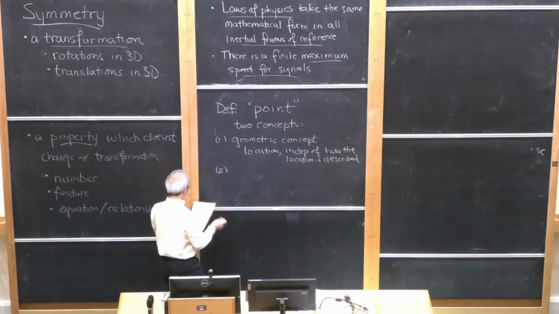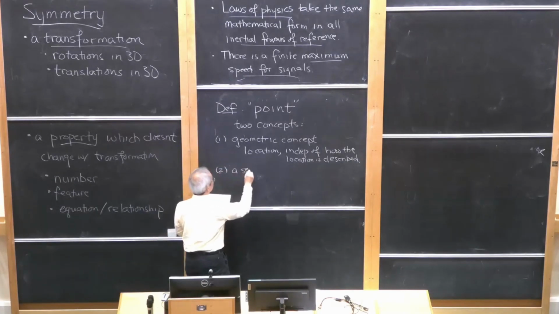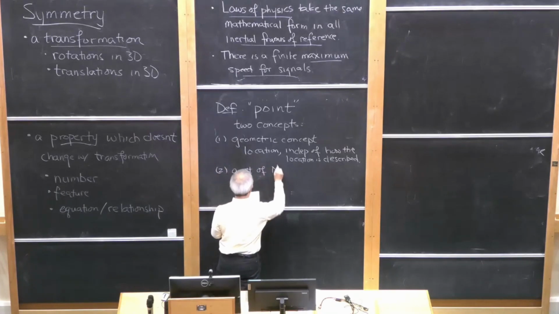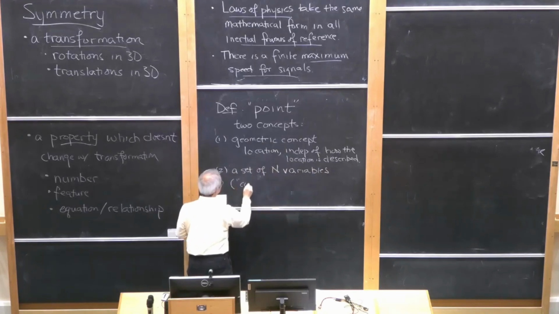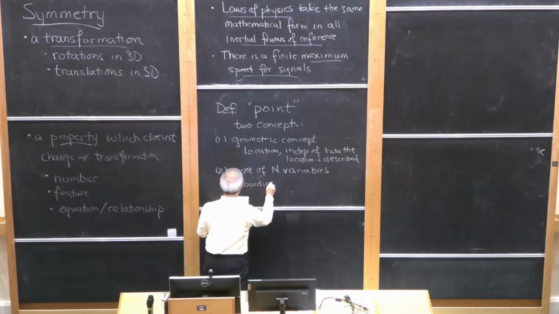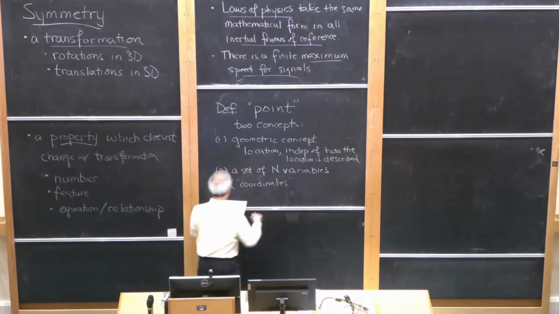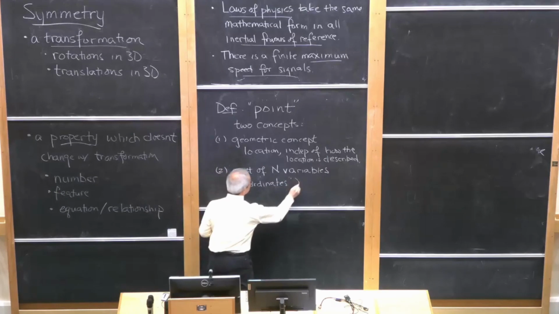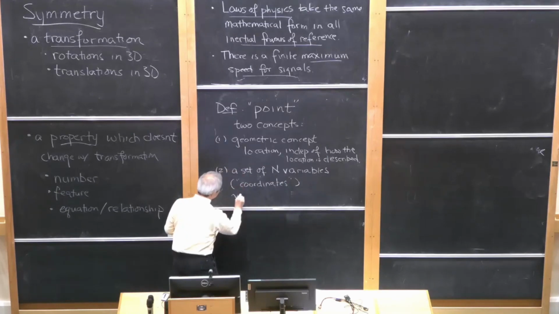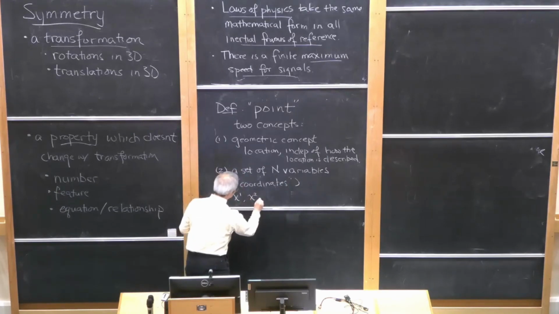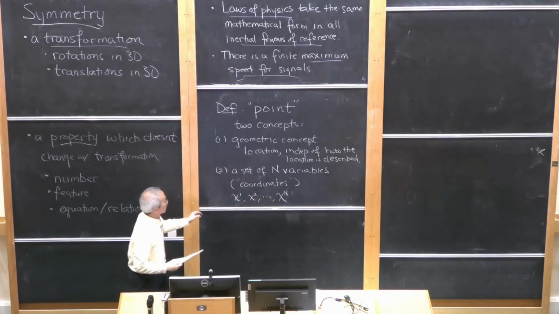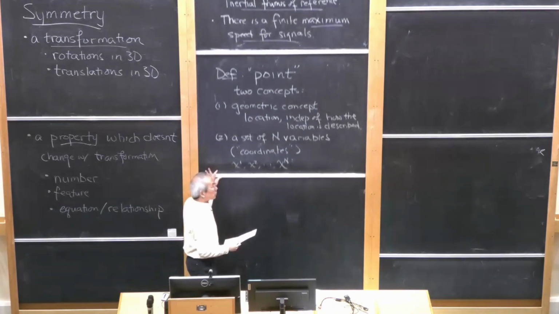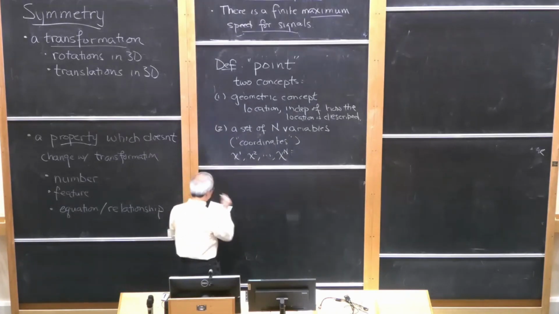The second one is a set of n variables, which we will call coordinates. We'll write that as x^1, x^2, up to x^n. That will look a little odd, the way I've written it.